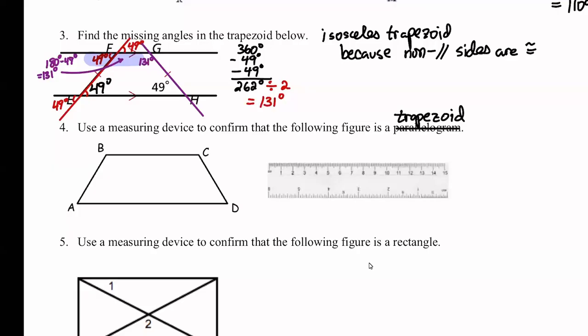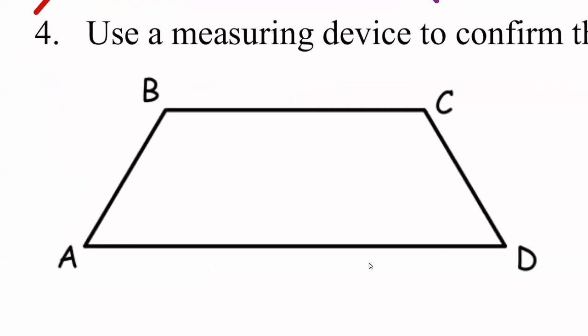So we want, through measurement, to confirm that it's a trapezoid. But the length of the sides doesn't really factor into whether it's a trapezoid. It's whether the two sides are parallel to one another. So you have to ask yourself, how can I demonstrate that two sides are parallel to one another? One way to do it is to measure the distance between those two sides that are supposedly parallel to one another.